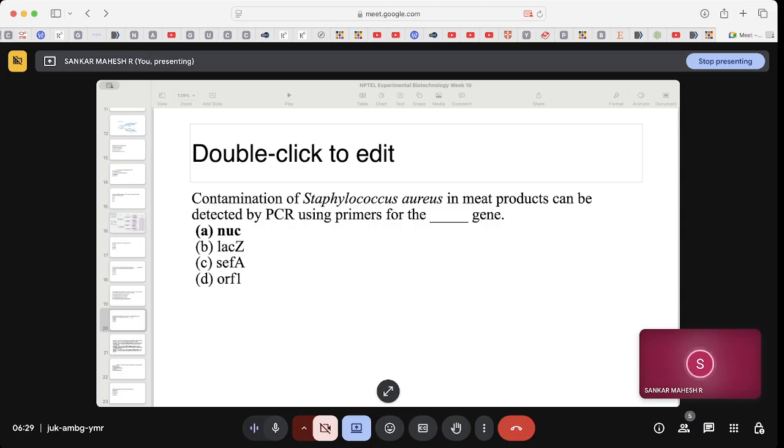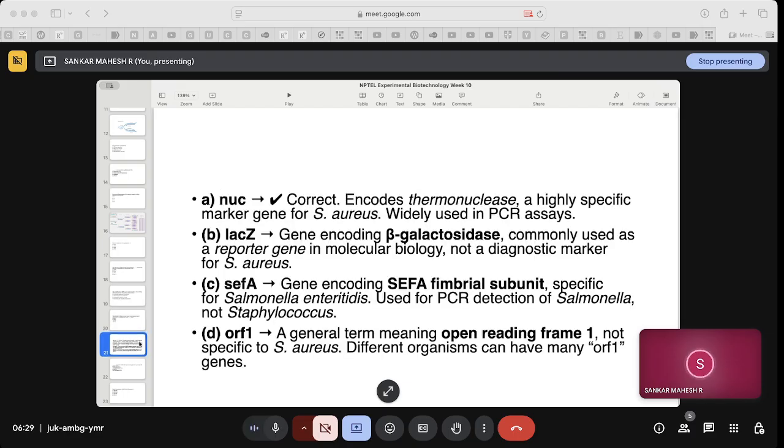And ORF1, any idea? ORF is nothing but open reading frame. It is a very non-specific and general name that need not be associated with one particular species, like LacZ. Whereas NUC encodes a nuclease that is specific for Staph aureus alone. Fine.